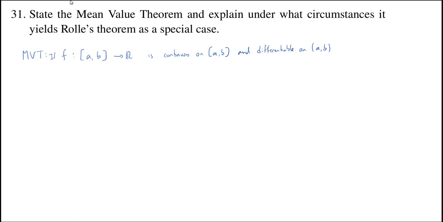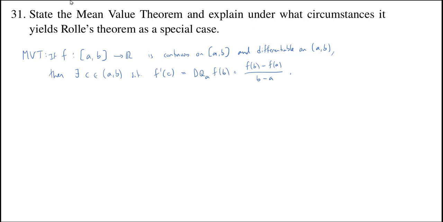Okay, so if f is continuous and differentiable as we described, then there exists some point C between A and B such that the instantaneous rate of change at that point C is precisely equal to the average rate of change of f on the entire interval. So this is the difference quotient of f at B, or if you prefer, the quotient of f of B minus f of A by B minus A. All right, so there's your mean value theorem.